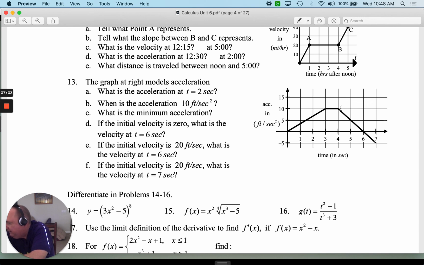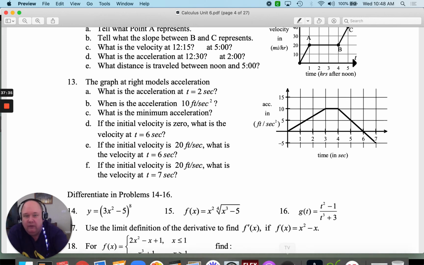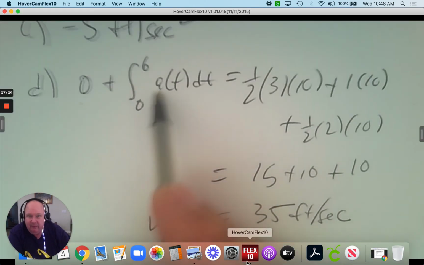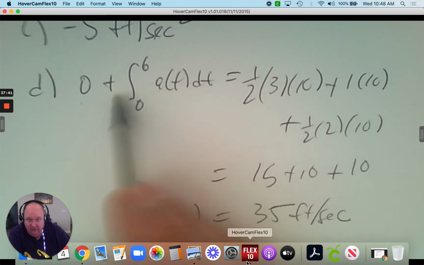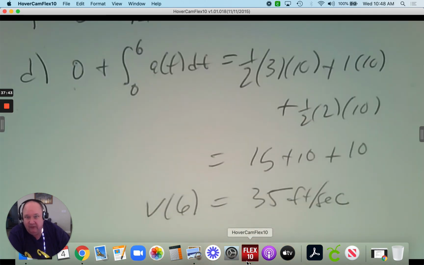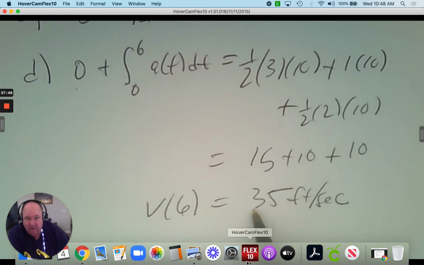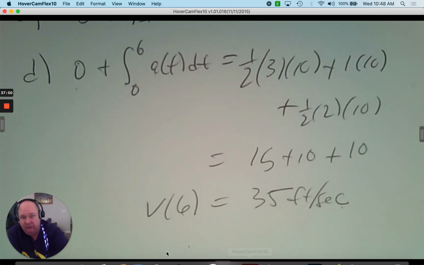Making sure that's right. Yep. Here's what it looks like again. So the initial was 0, and then we integrate acceleration and add it to 0 to know what it is at 6. So from 0 to 6, integrate the area under the curve, and you get 35 feet per second.